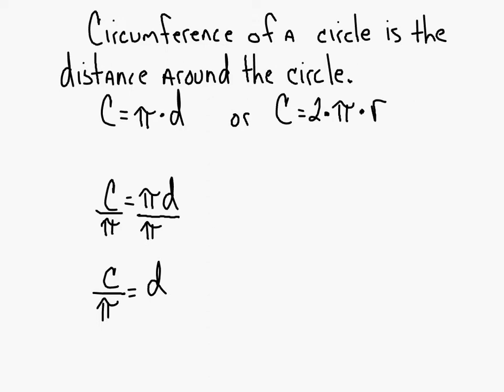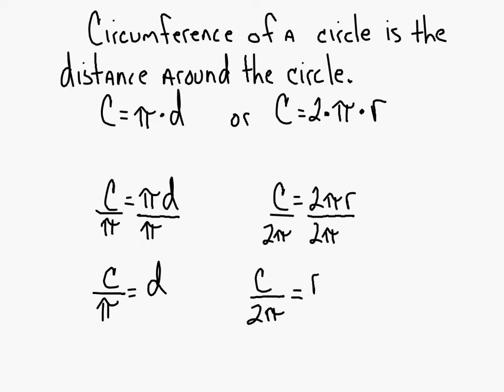If circumference equals 2 pi r and you divide each side by 2 pi, then the radius is equal to the circumference divided by 2 times pi.